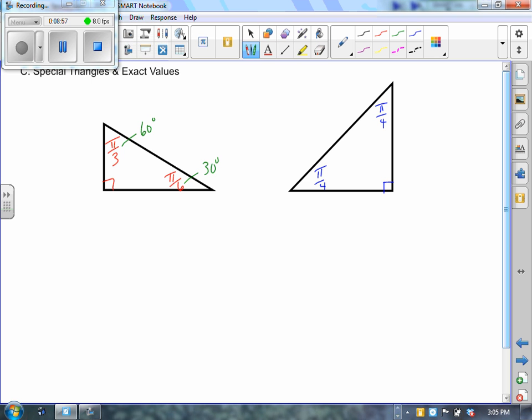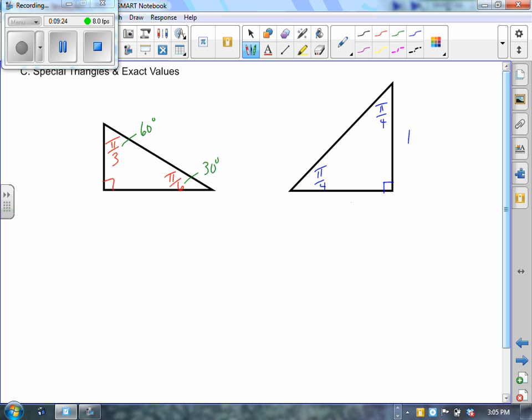The reason why these were so unique and special is that they provided for us specific values of coordinates on the circumference of the unit circle. We had unwrapped the unit circle in order to create the graphs of the trig functions. Those specific values for the points along the perimeter of the unit circle came from these triangles.